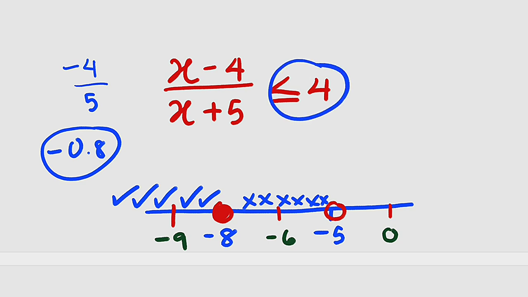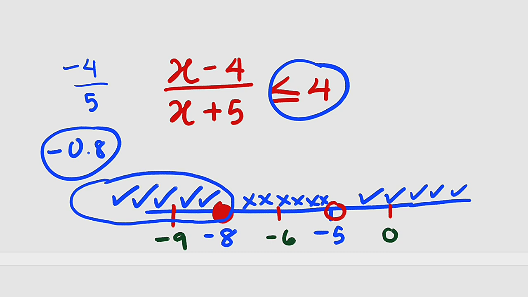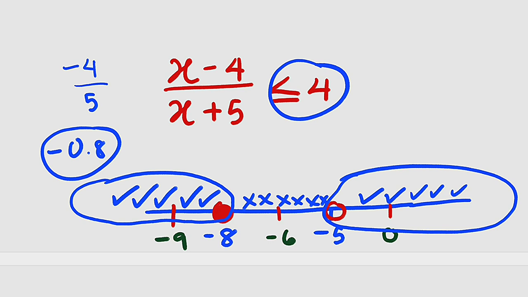Therefore, all values to the right hand side of negative 5 will satisfy this inequality, like 1, 2, 3, all of the values to the right hand side. So you can clearly see our solution is from negative infinity way down to negative 8, including negative 8, and from negative 5 all the way down to positive infinity, excluding negative 5.